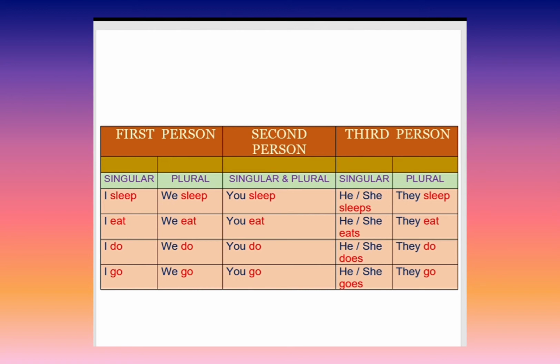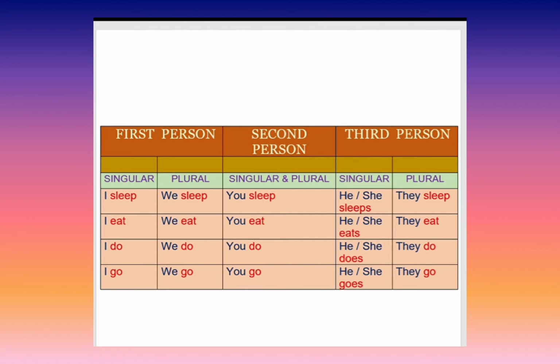In the second row, the verb which is used here is eat. So I eat, we eat, you eat, he eats, she eats, they eat. Then the third row, the verb used here is do.